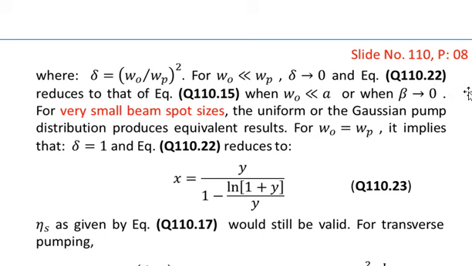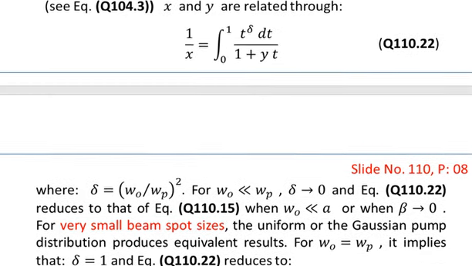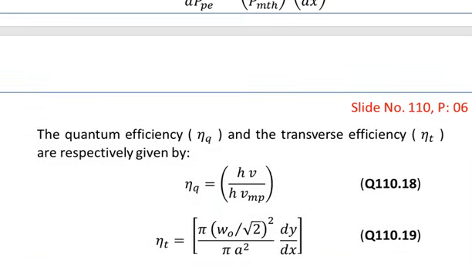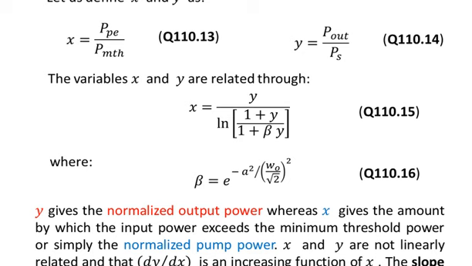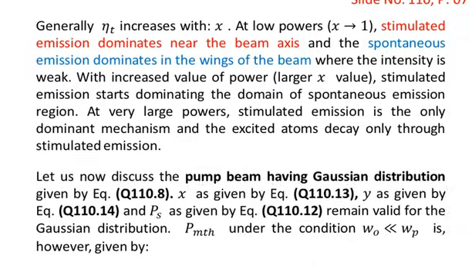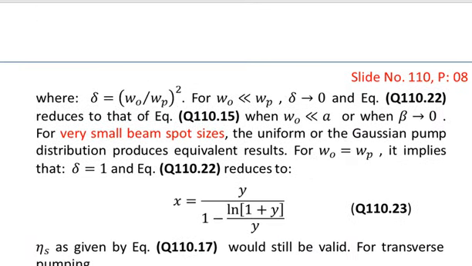And equation number 22 reduces to equation number 15. So this is equation number 22, and this equation will reduce to equation number 15, that is, this equation. Actually both equations are the same under the condition that we are using here, that W naught is much less than W_P.